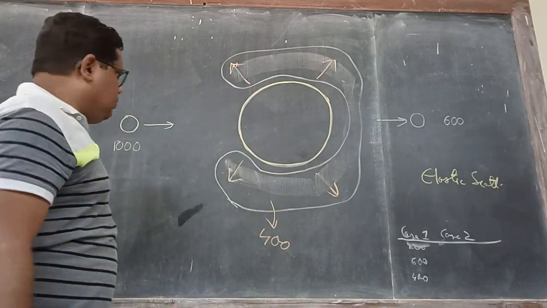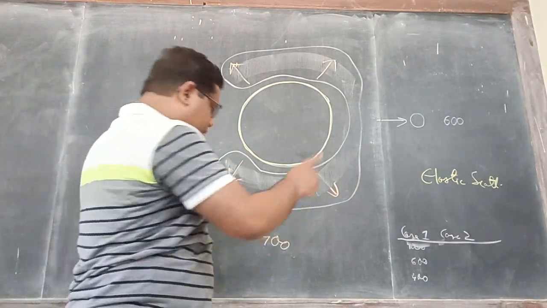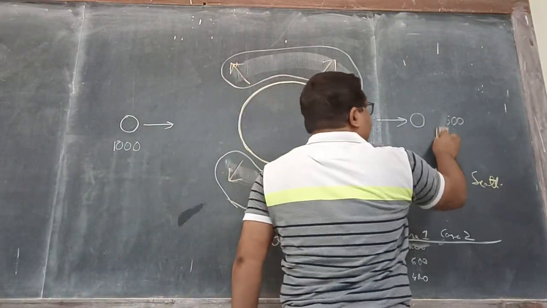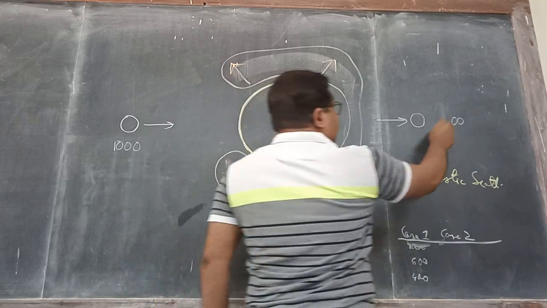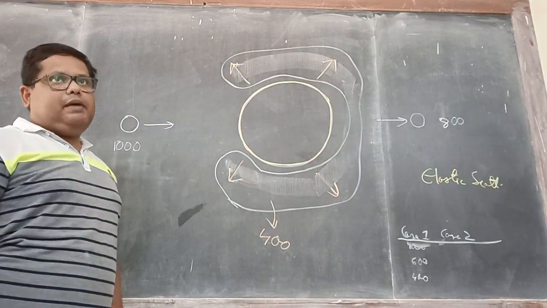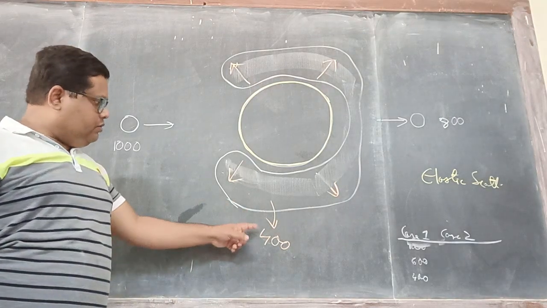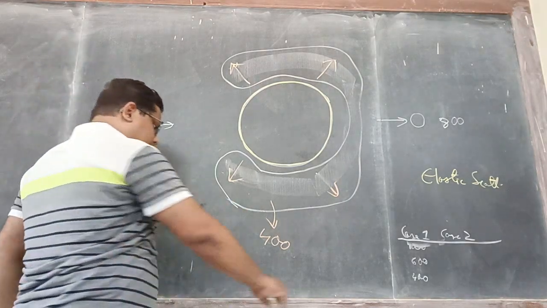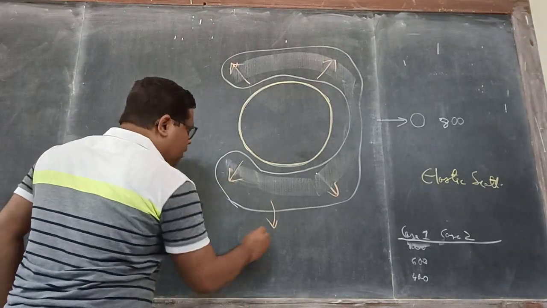In case 2, the number remains the same, 1000. Here, instead of 600, I am observing 800. Whereas, if I do this study, I observe approximately 150.